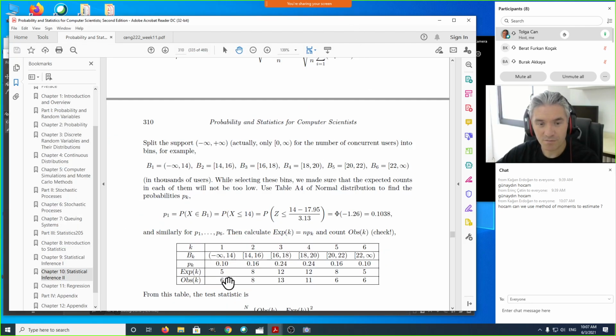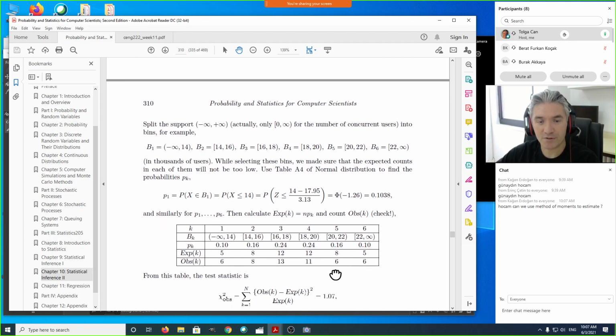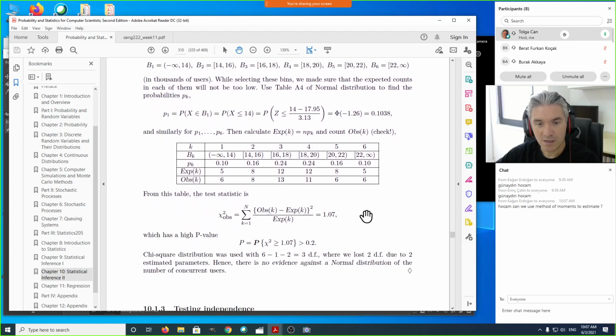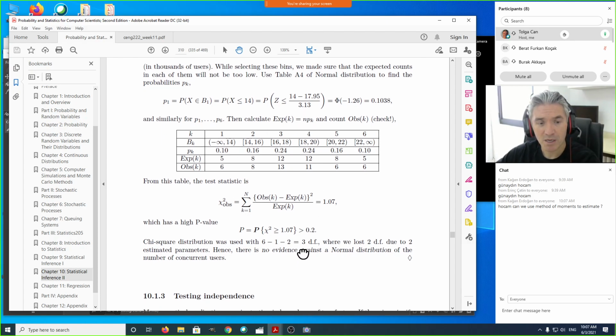When it's 5, it doesn't matter, you can still conduct the test. These are the observed counts from that table. We find that the chi-square statistic is rather small here, 1.07. So again, there's no evidence against the normal distribution, so the sample may come from a normal distribution.